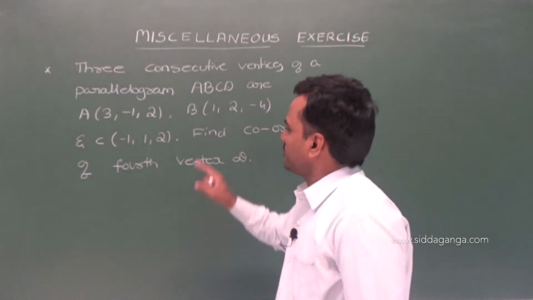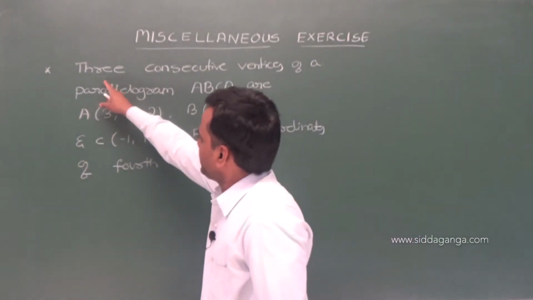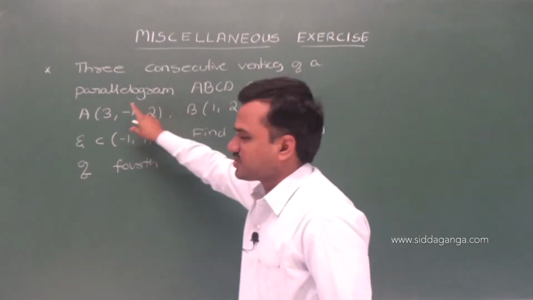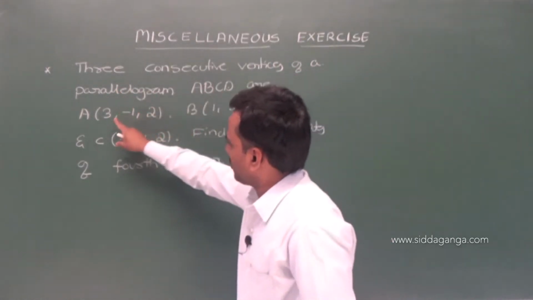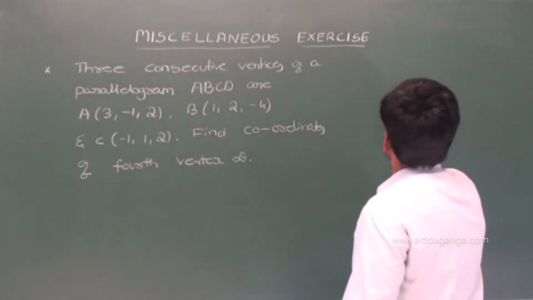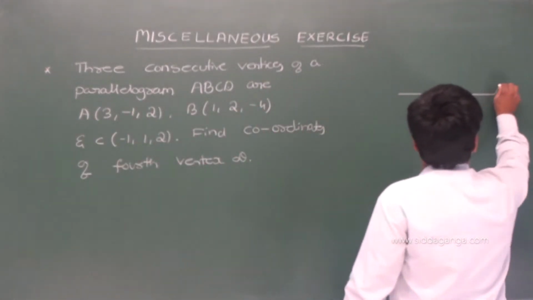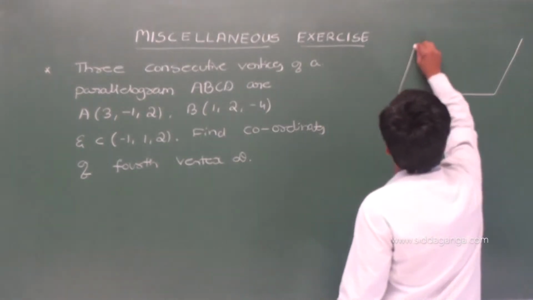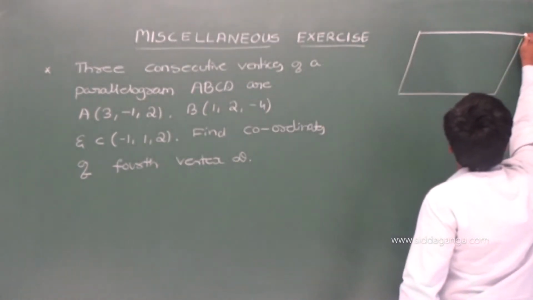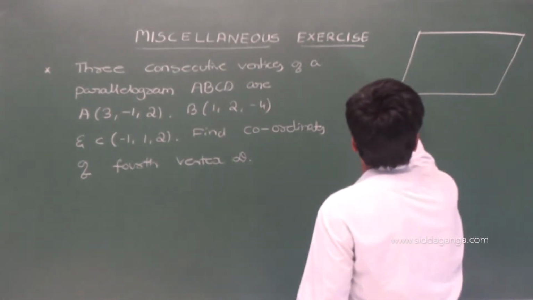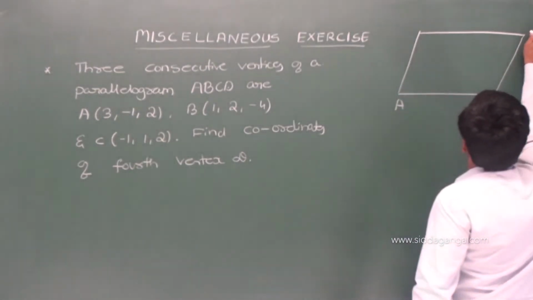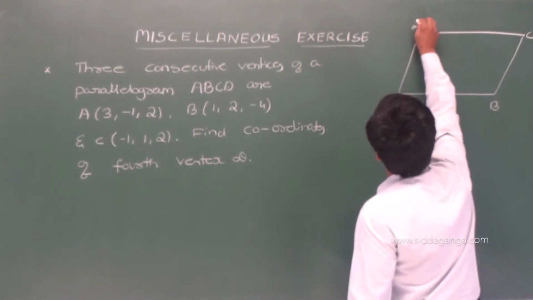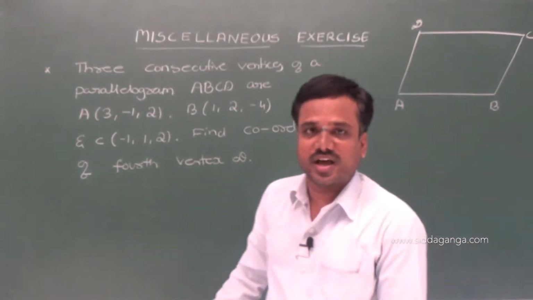Observe carefully what he has given. Three consecutive vertices of a parallelogram are given, so we draw a parallelogram. We write the vertices either in clockwise direction or in anti-clockwise direction.